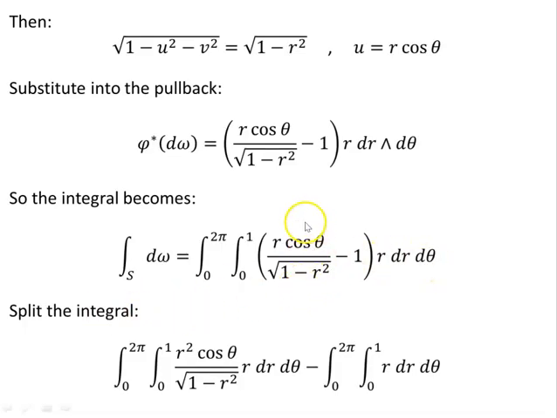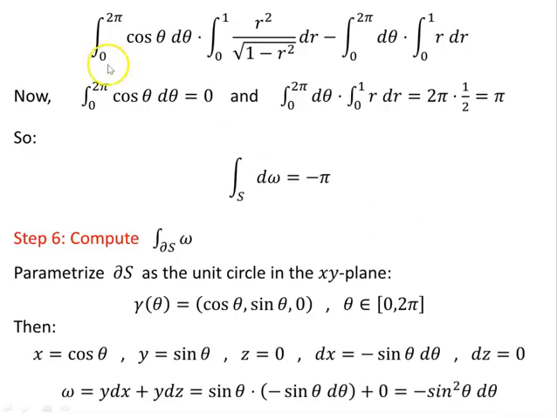Just split the integral down because there are two terms in here. So that bit there plus that bit. Next, we get the integral of cos theta d theta times the integral from 0 to 1 of this object here, minus the integral here times that integral there. The integral from 0 to 2 pi of cos theta d theta is 0.